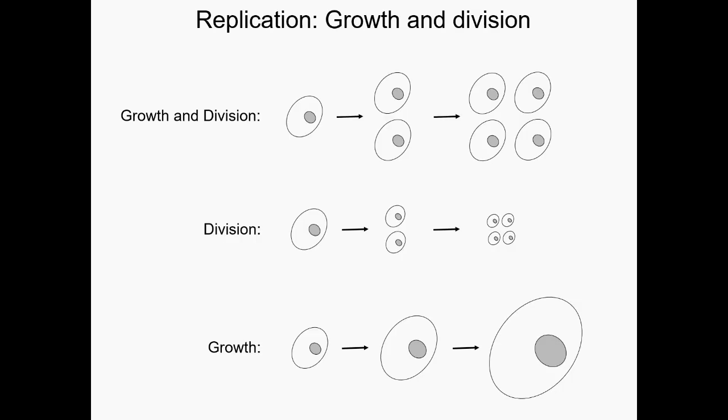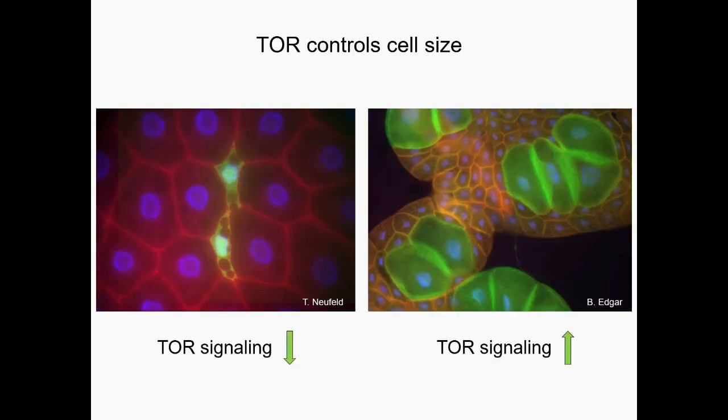Now, to show you what I mean by cell growth, again, I'll show you some experiments done not by us, but by some colleagues working with Drosophila. These are much more photogenic than our experiments at the time with yeast. And on the left side here, this is a tissue from a fruit fly. This is the so-called fat body, which is the equivalent of a liver for a fruit fly.